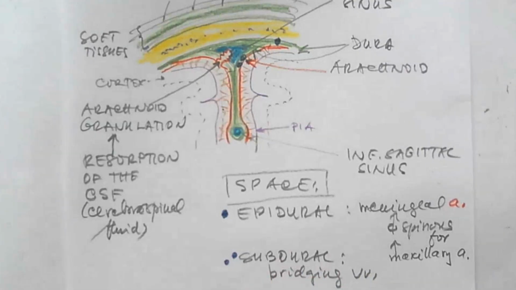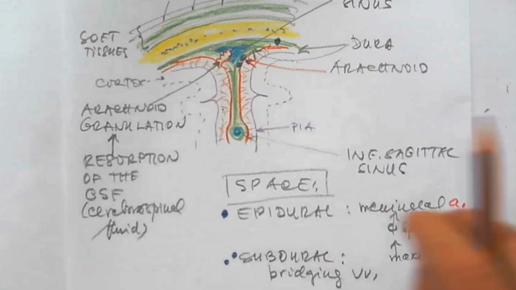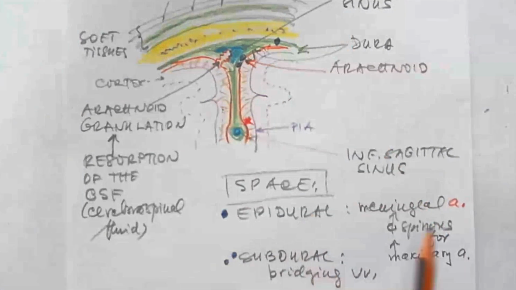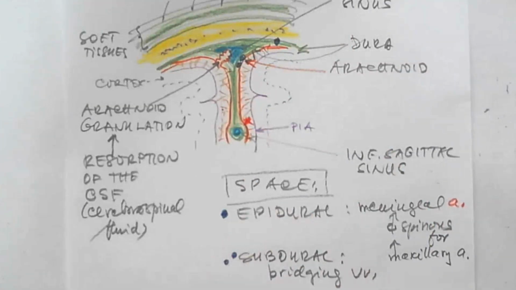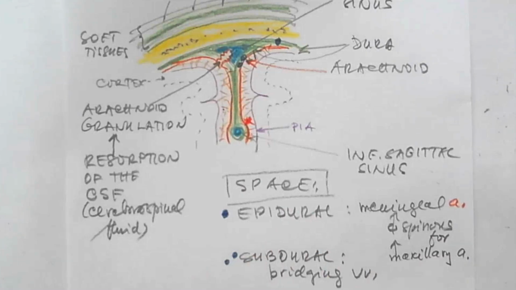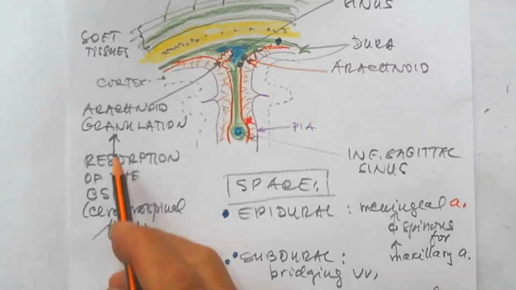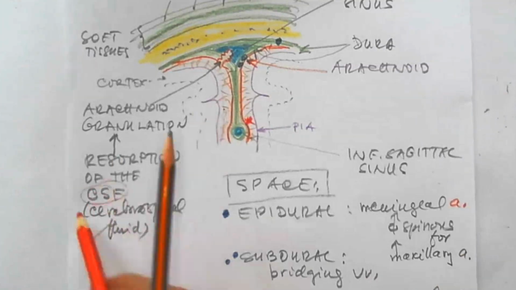And finally, the last one is the subarachnoid. Simply using red, one cross indicates subarachnoid, which is the largest one, subarachnoid space. And subarachnoid space contains the cerebral arteries plus veins plus cerebrospinal fluid. We know the abbreviation. Here is the cerebrospinal fluid.